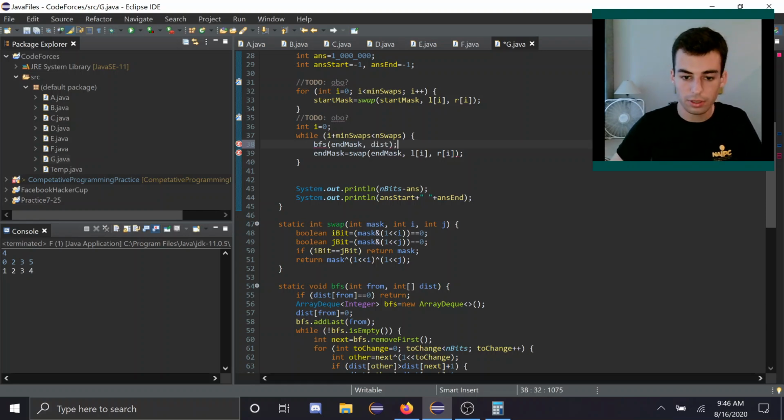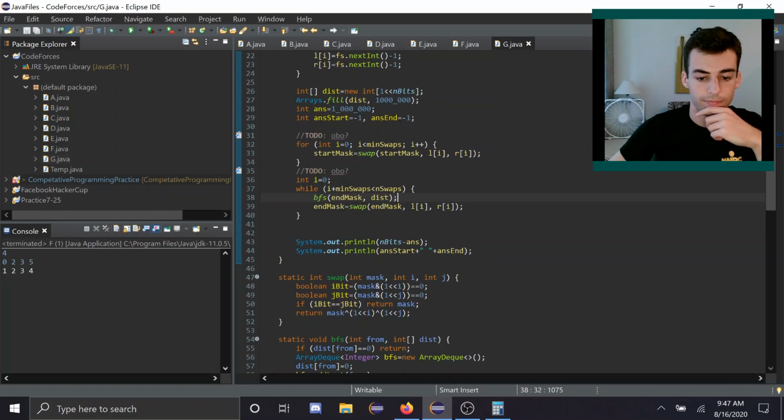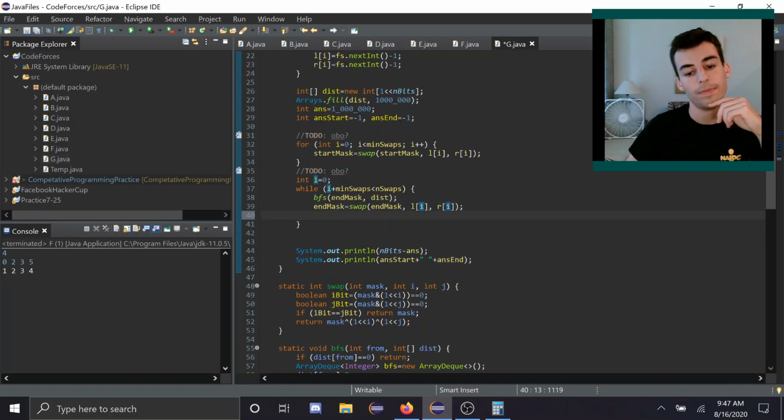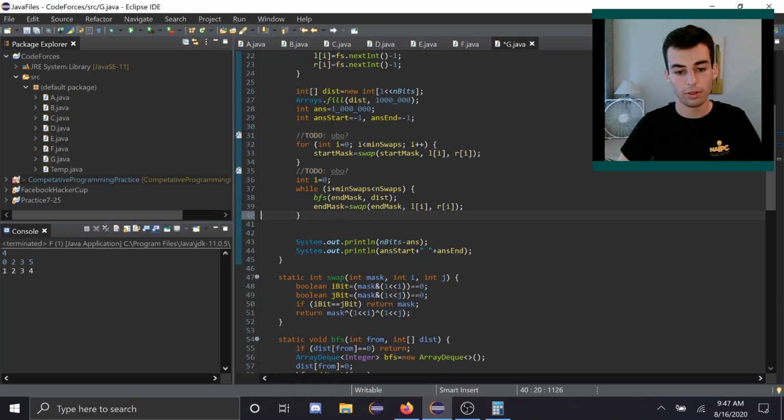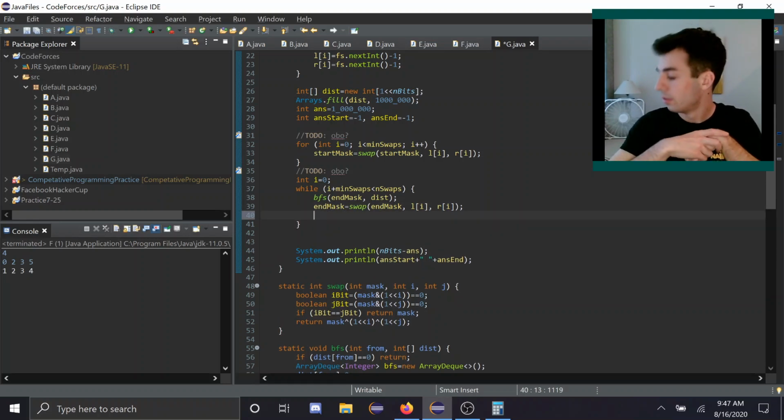Oh, for the current distance. Then swap them. And now we have to swap the start as well.